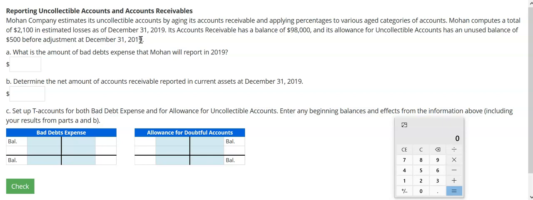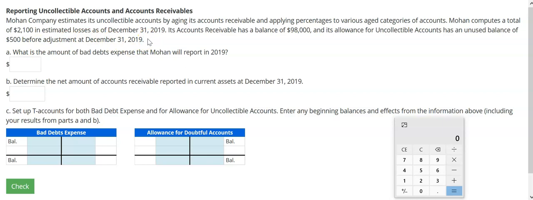So let's see here now. Our estimate initially was actually for $2,100, and we still have $500 of that left.